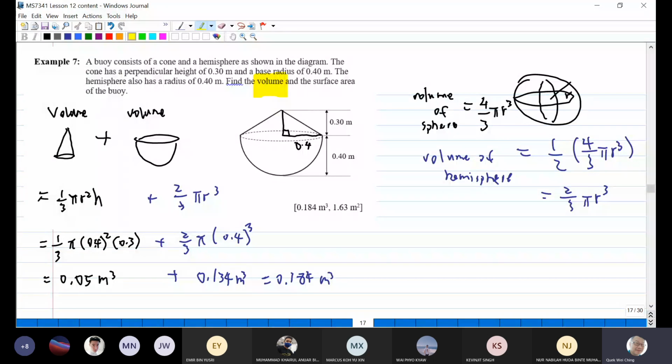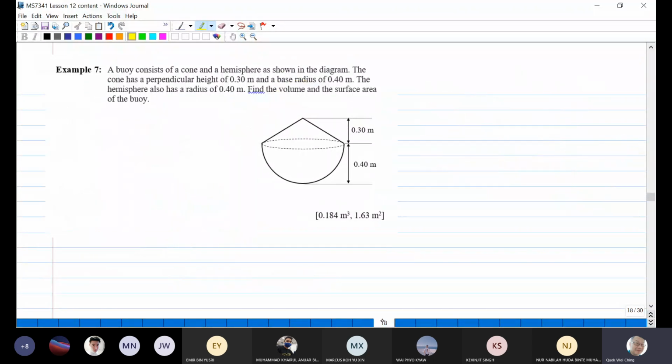Okay, so I will move on to part B now, surface area. So I want to find the surface area now. Next one.